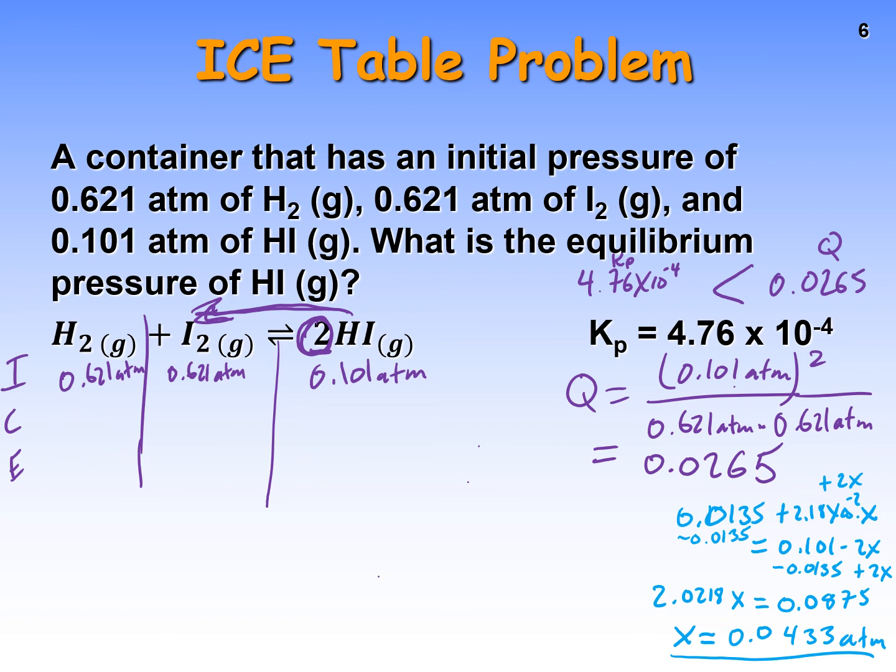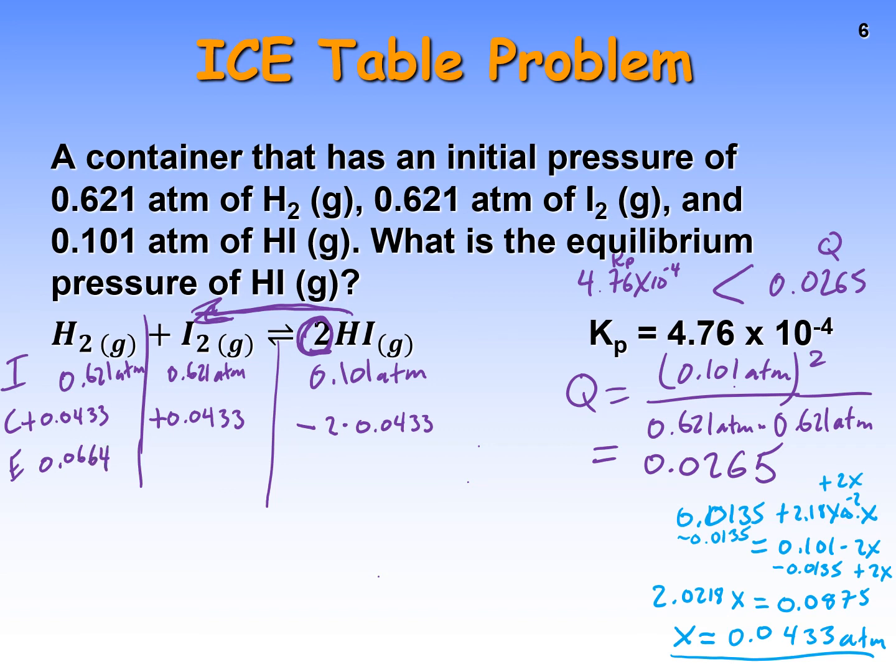So we have plus x, so 0.0433 here, there, and minus 2 times 0.0433 there. So this gives me 0.664 here.